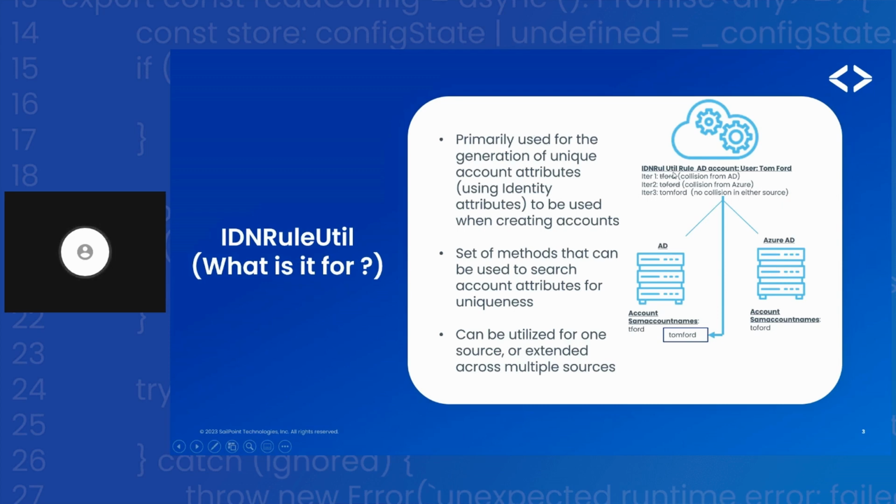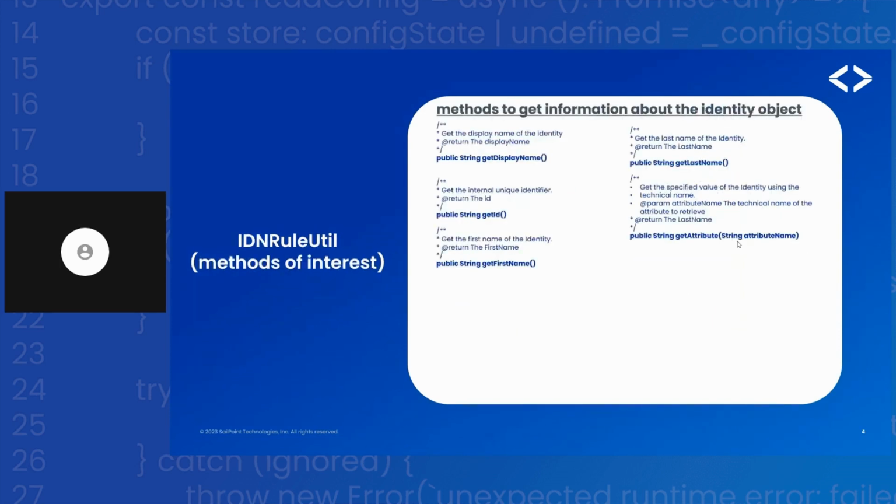Then I have an example here where there are some collisions between AD and Azure, and we just want to make sure that we generate a proper SAM account name for that. Some of the methods of interest, like I mentioned: you can get a display name. If there's a unique identifier, you can use that method as well. First name, last name.